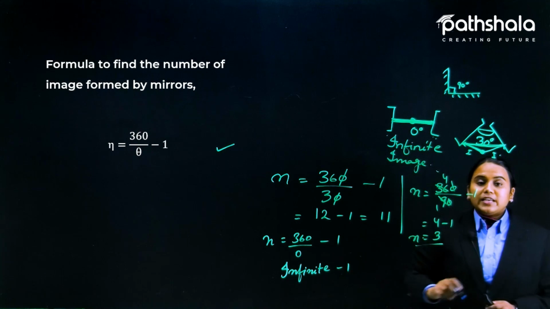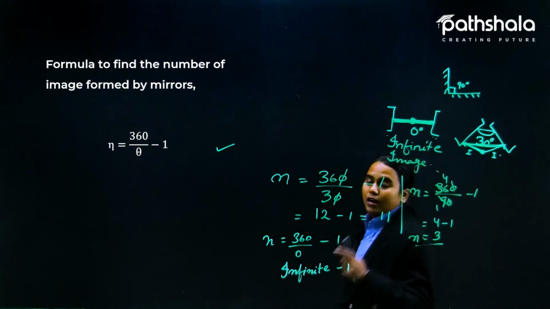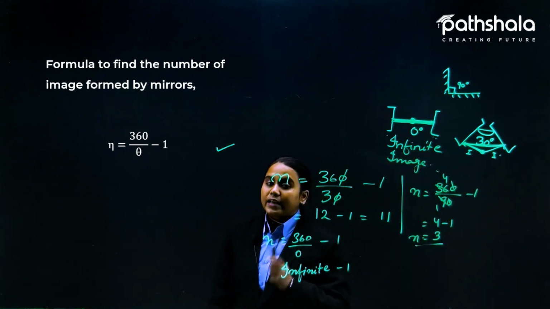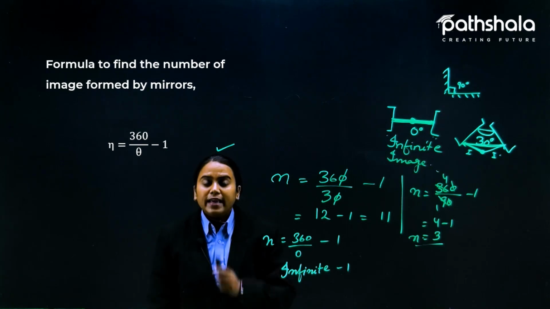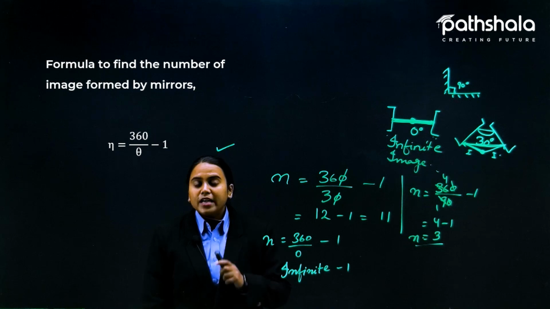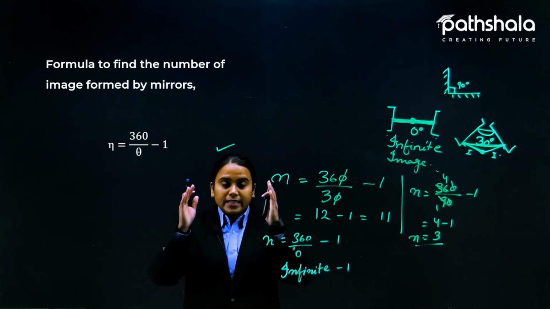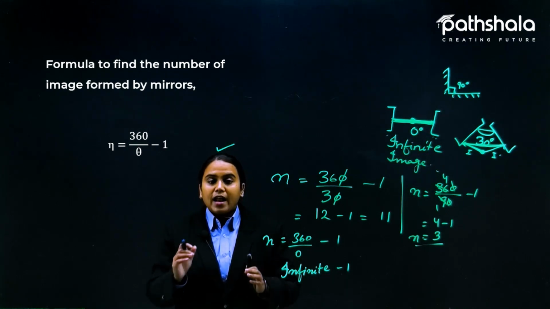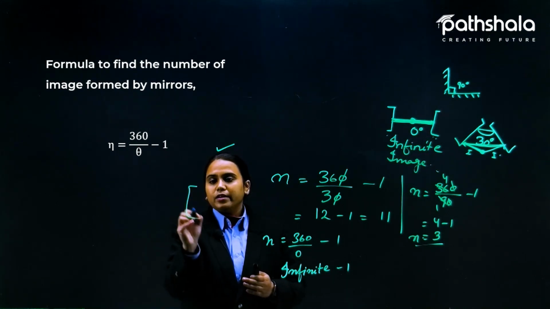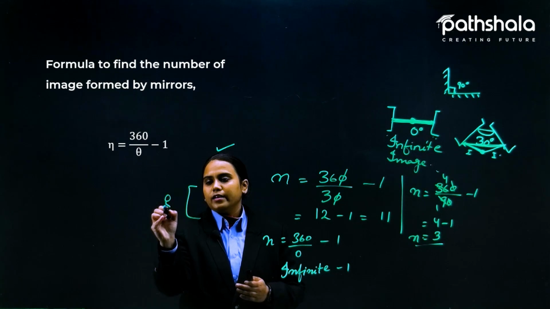Okay, so this formula is very useful, students, and related to practical application. I think you have visited a barber shop, and the barber also uses the same technique. He takes a mirror behind you, and here is a mirror in front of you and you are sitting here, let's suppose.